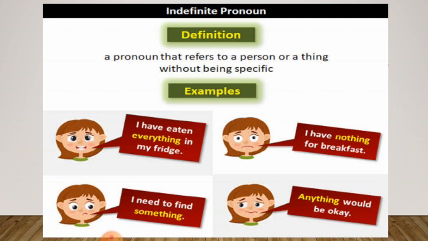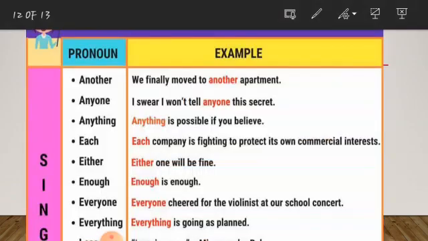Everything means there are so many things that come in everything. No specification here. I need to find something. What something? There is no specification here. Anything would be okay. These kinds of pronouns are unspecific. See from the name, indefinite. The things are not definite. You are not confirmed about it.